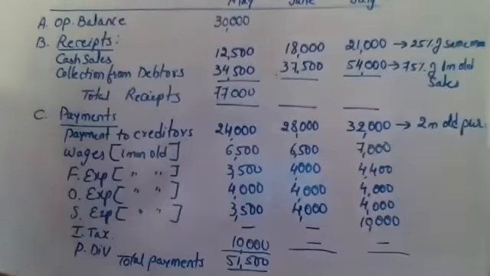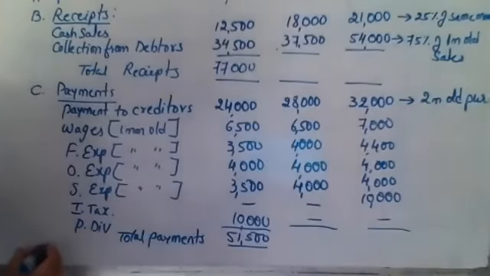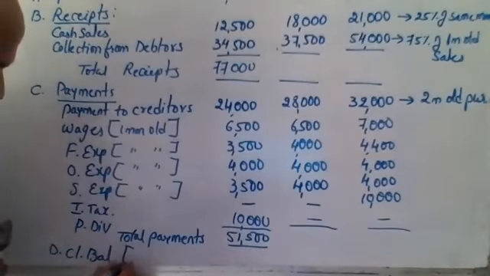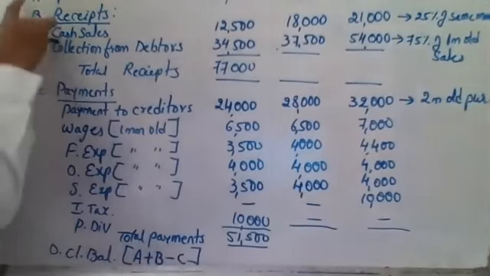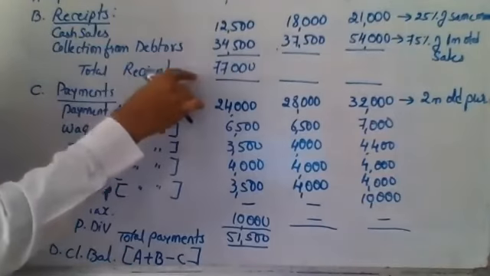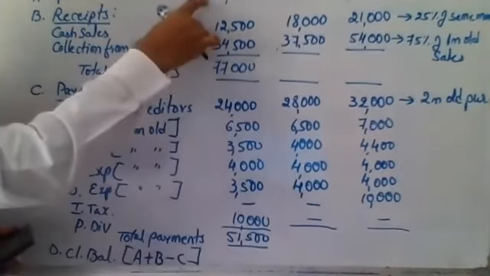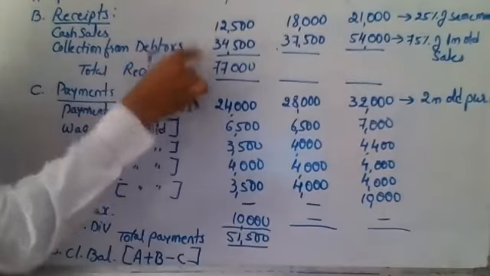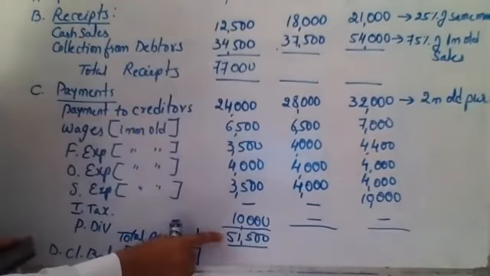So the closing balance, I'll put it down here because I want you to see this. Closing balance is nothing but A plus B minus C. A, opening balance, 30,000, plus B, the receipts, total 77,000, minus C. So 30,000 I had plus some amounts I received for sales. So total 77,000 I have, and I'm planning to pay 51,500.